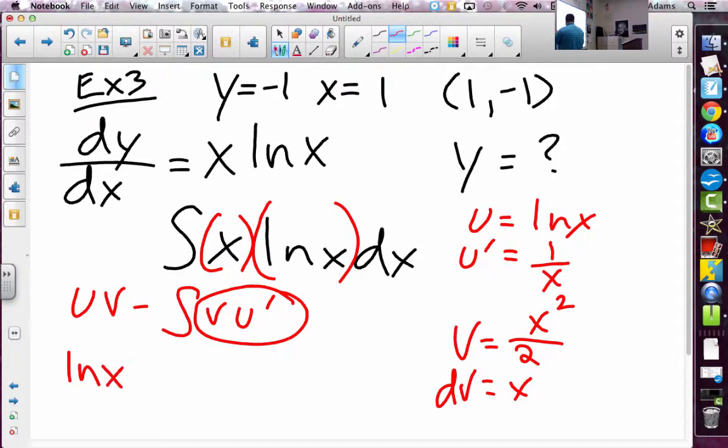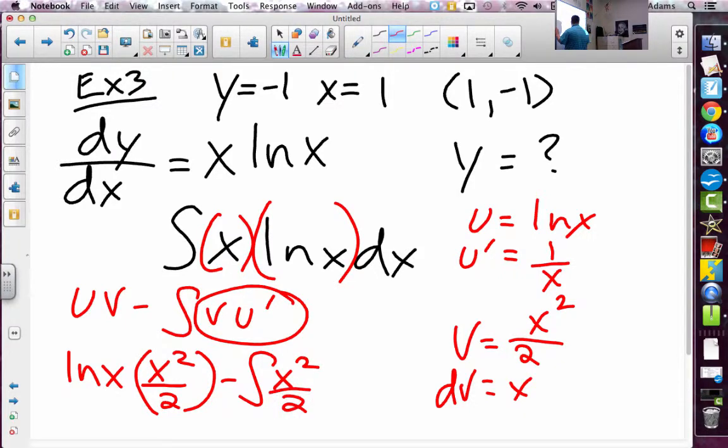So u is the natural log of x. v would be x squared over 2, minus the antiderivative of v, which is x squared over 2, and then u prime, of course, would be 1 times x, with respect to x. So we'll put the dx in there.